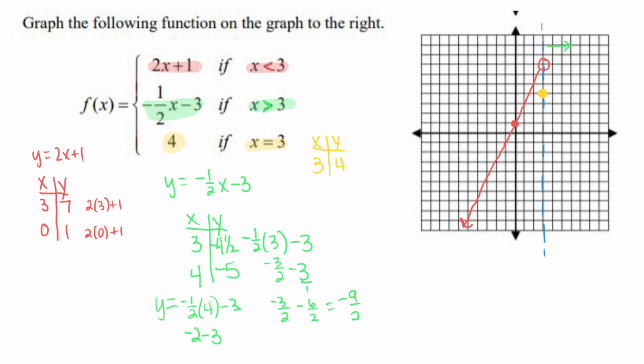So here are my points. 3, -4.5 would be right here, but it's going to be an open circle because x is not equal to 3, it's everything greater than 3. 4, -5 would be right here. And then when I connect those dots, I'm going to keep going forever because it's everything on that right side. And then there is your graph.